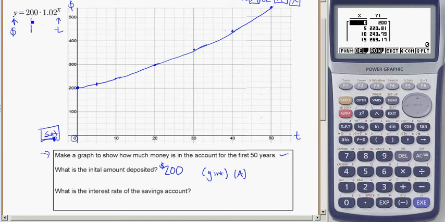200, that is the initial amount. Now the next question here is, what is the interest rate of the savings account? Well, the interest rate, that comes out of this part of the equation, and I can see that it's 1.02.